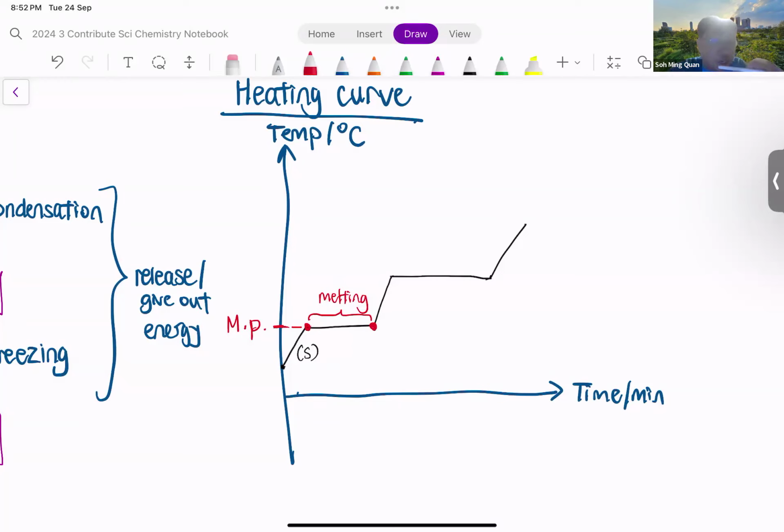You take the first horizontal region, the first flat region, trace it back to the y-axis. Now, during melting, you do not have only liquid because it's in the process of melting. At melting, you will have both solid and liquid. And this is an important concept. So during melting, you have both states present.